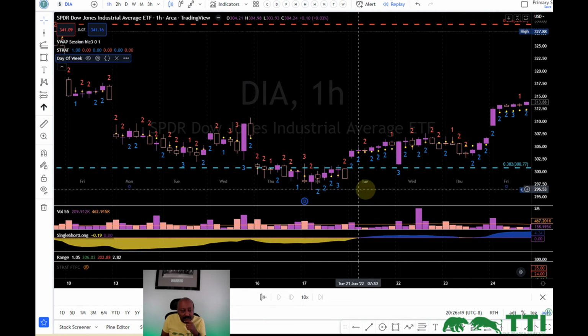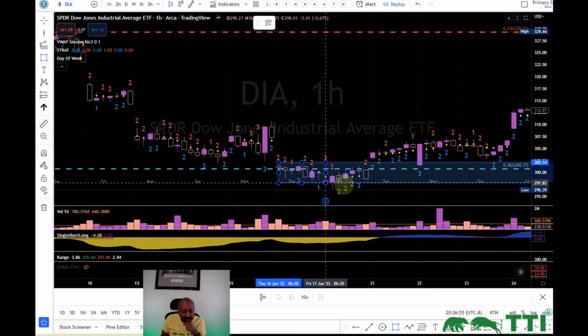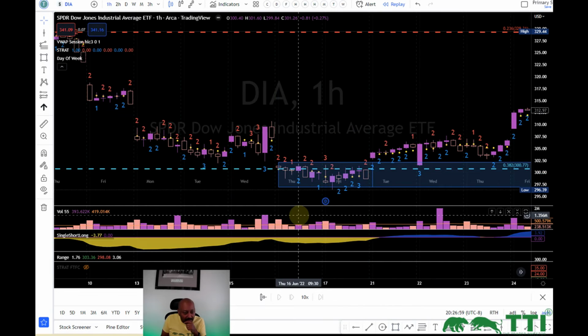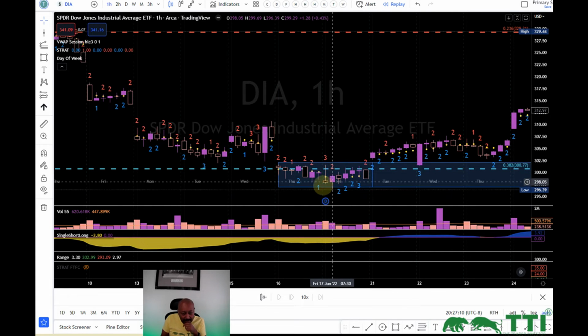So here, right, we got the hammer, but nothing happened. So my box is here. Would it start at the top of the wick? Yeah, it's at the top of this wick. That's the highest point I have, this bar. And how do you decide the bottom of the box? It's the bottom of this bar.